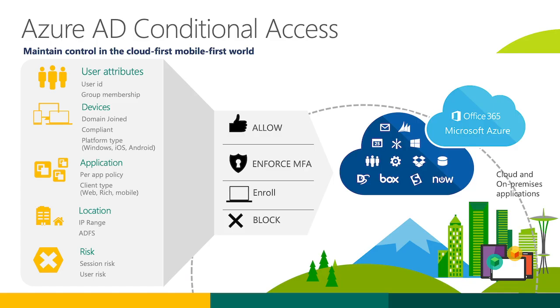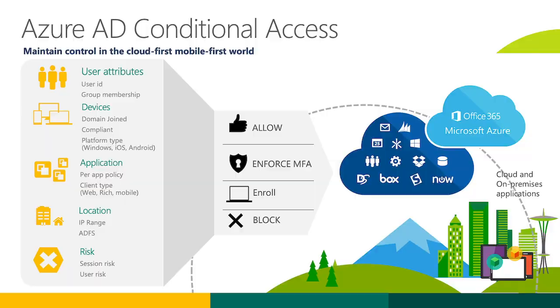And one of the key elements of this is Azure AD conditional access, as it says on the screen, maintaining control in a cloud-first, mobile-first world, where we can use elements of our behavior, our access, to change. So again, we're not trusting this user because they've got credentials. We let them at the data. We can look at things, as I said before, like domain joined devices. Is this a device I've not seen this user connect to this service before?